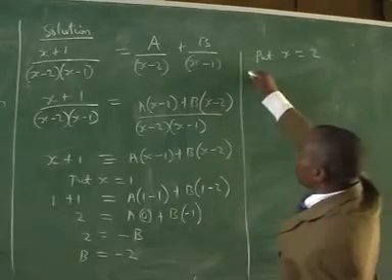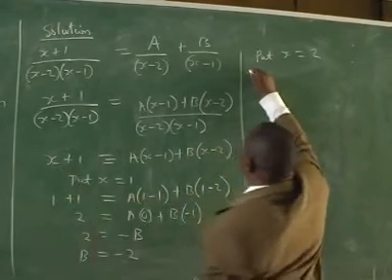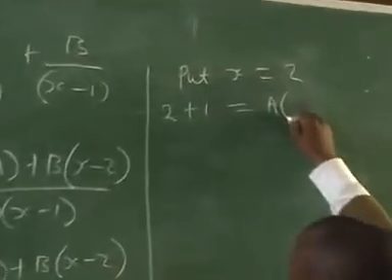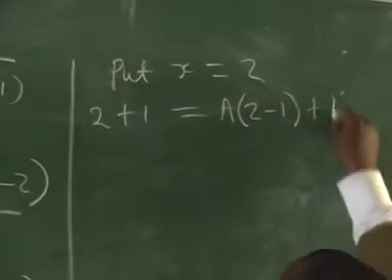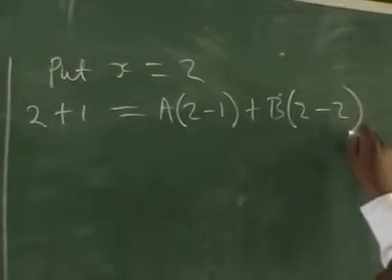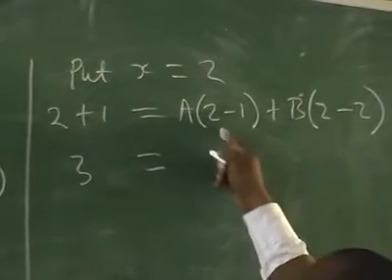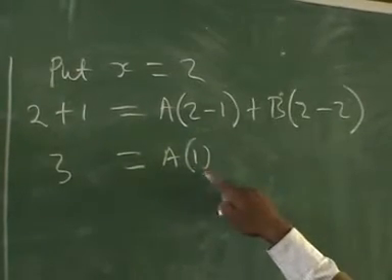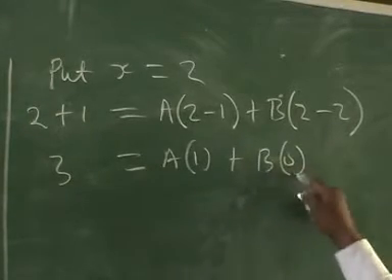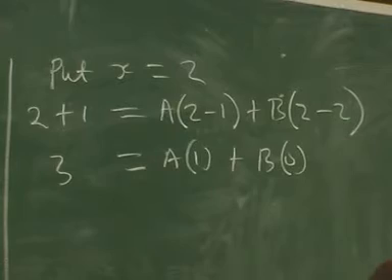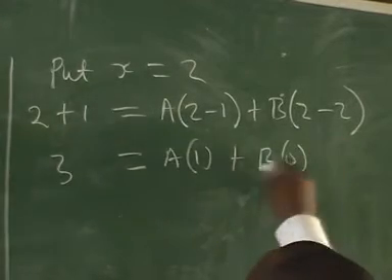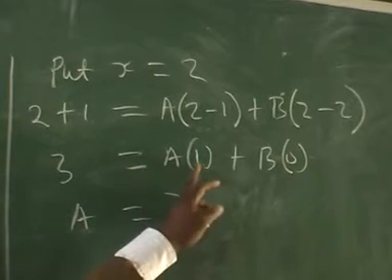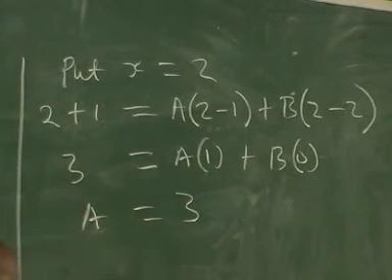So if I do that, I will have from here that 2 plus 1 will be the same as a bracket 2 minus 1 plus b bracket 2 minus 2, which means 3 is equal to a times 2 minus 1, which gives me 1, plus b times 2 minus 2, which is 0. So this one will go, and then we will have that a is equal to 3. 1 times a is a. So a is equal to 3.